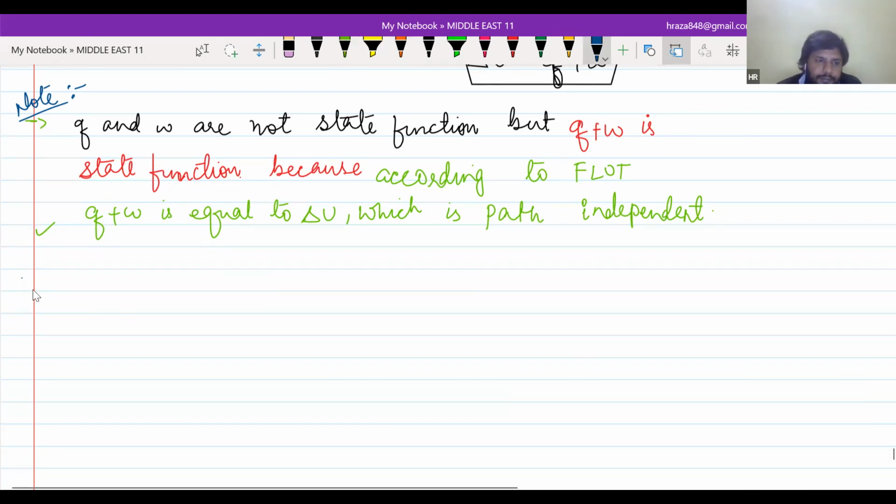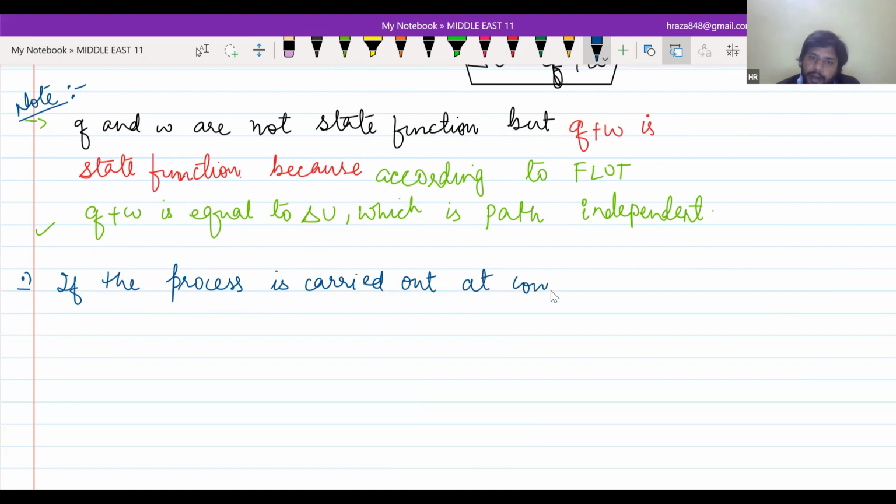Now see, the process is very easy to understand, just concentrate here. If the process is carried out at constant volume, that means isocoric process, right, Krishna?